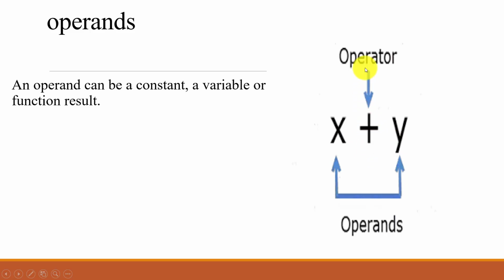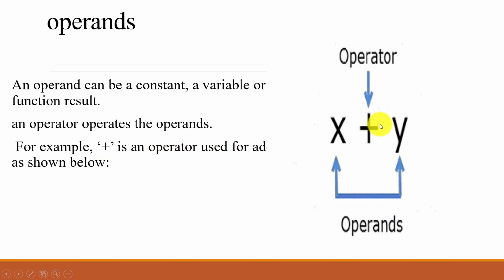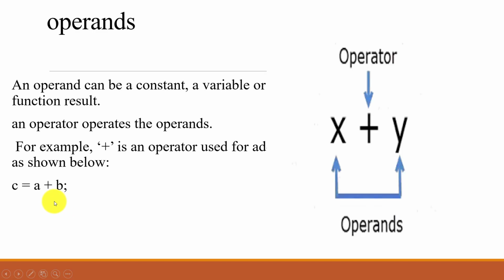Plus is the operator, and this operator operates on two values, x and y, which become the operands. For example, in the expression c = a + b, plus is the operator and a and b are the operands.